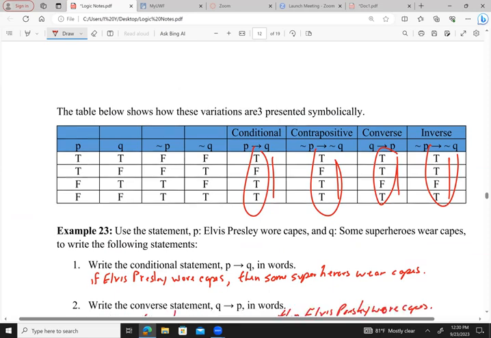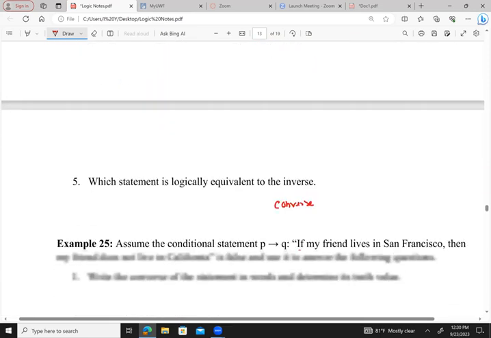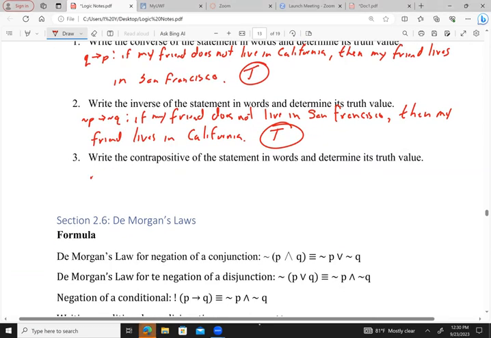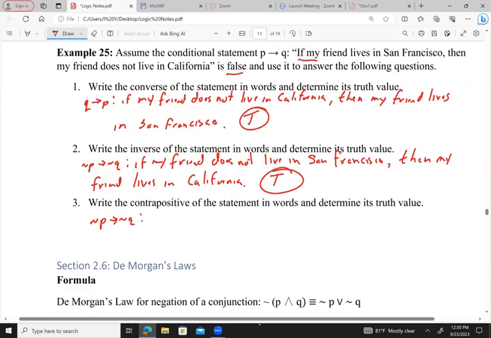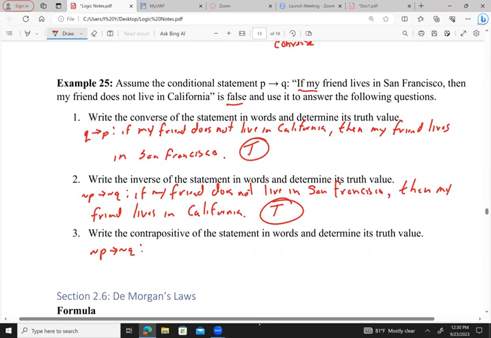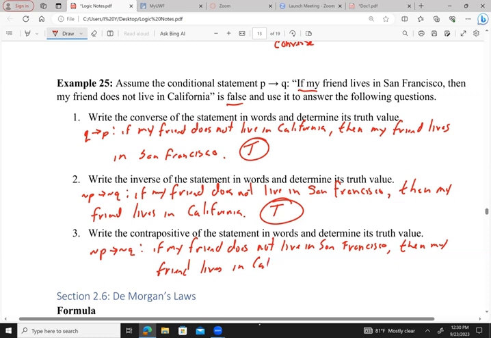Contrapositive, not Q, then not P. So, if my friend does not live in California, then my friend does not live in San Francisco.